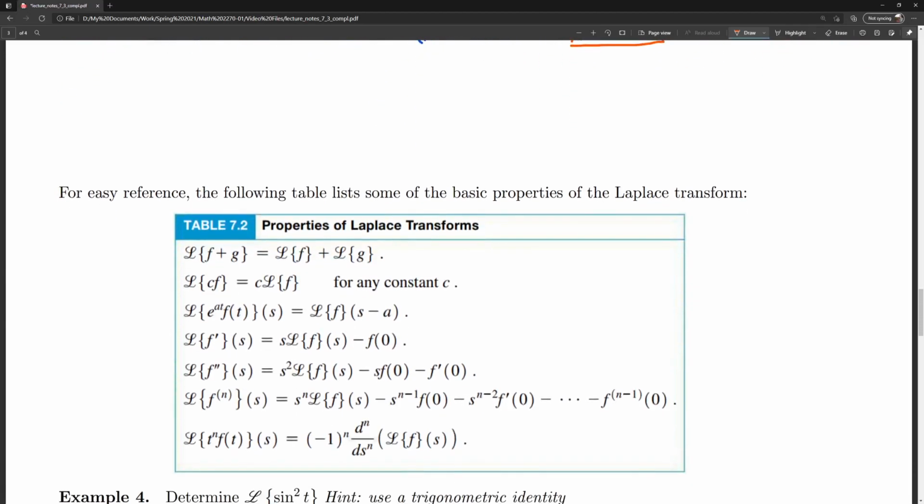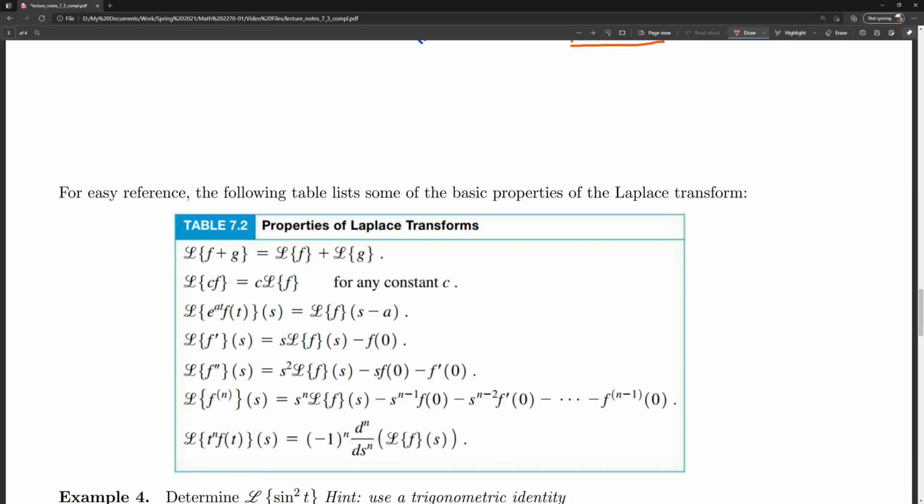Now, for easy reference, the following table lists some of the basic properties of the Laplace transform. We already saw 2 of them in the previous section that have to do with the linearity of the improper integral. So the Laplace transform of f plus g is the Laplace transform of f plus the Laplace transform of g.